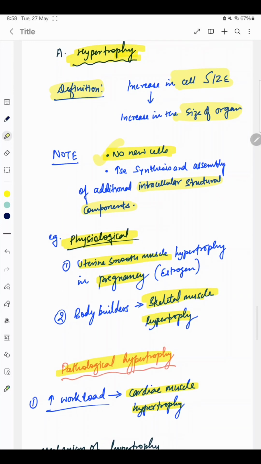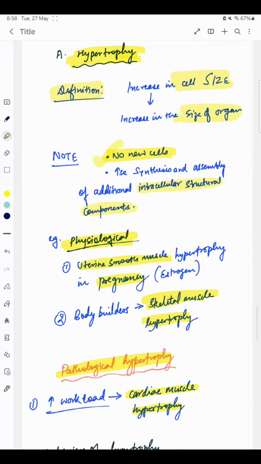It can be seen in many physiological or pathological conditions. Examples of physiological hypertrophy are uterine smooth muscle hypertrophy, which is seen in pregnancy primarily due to the effect of estrogen hormone, and skeletal muscle hypertrophy in bodybuilders or weightlifters.